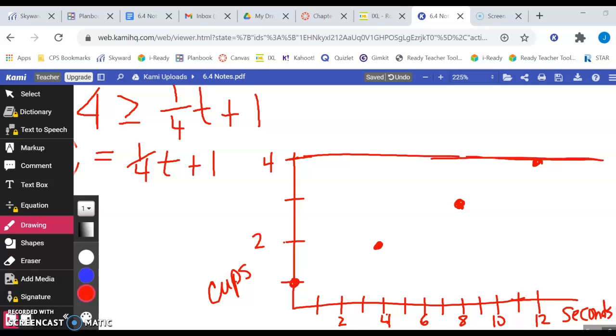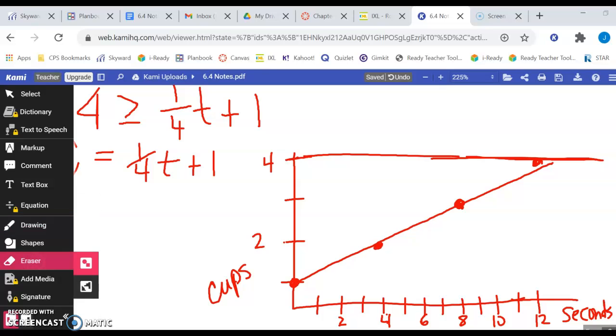I can't put any more in that pitcher. So my line is actually going to be right here. And what happens is I can't go into the negatives either because that's our seconds, our x values. We don't have negative seconds. So this is going to be the graph that shows what can fit in that pitcher.